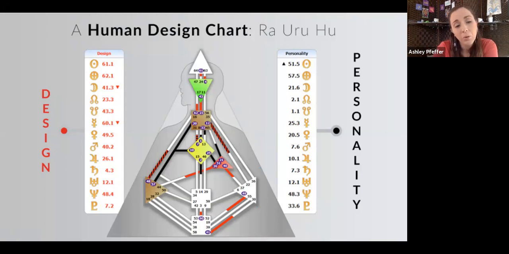The design portion of it was imprinted on you 88 days before you were born, while you were in the womb, and it is deeply associated with your body, and it's a lot of stuff that's unconscious, stuff that needs to come up through the surface. So you're not going to recognize these.